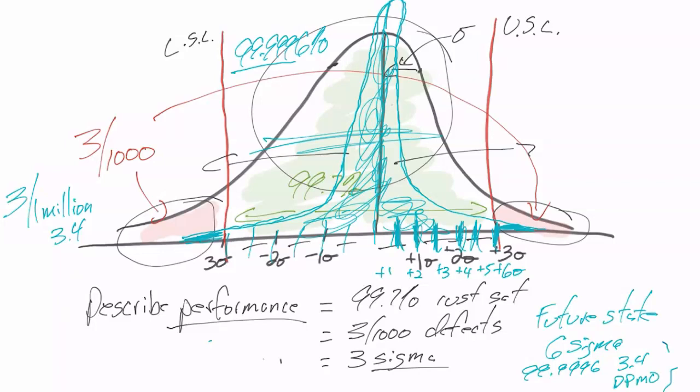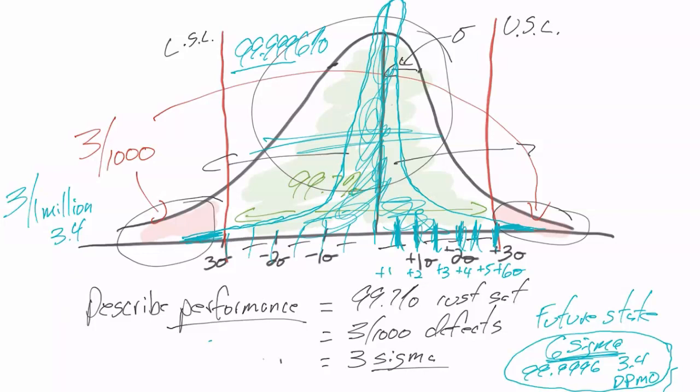All of these are ways to describe performance. In the end, sigma can be used as a measure of spread. We call it standard deviation then, or sigma can represent a level of performance, how many standard deviations fit within spec.